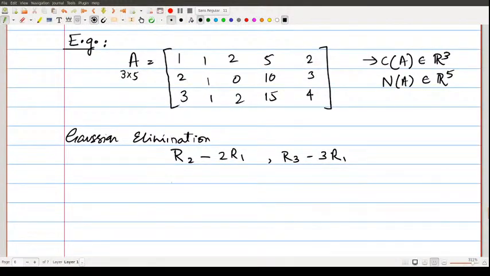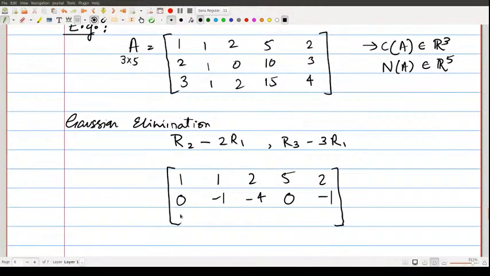The first row is preserved: 1, 1, 2, 5, 2. For the second row, 2 minus 2 times 1 is 0, 1 minus 2 is minus 1, 0 minus 4 is minus 4, 10 minus 10 is 0, and 3 minus 4 is minus 1.